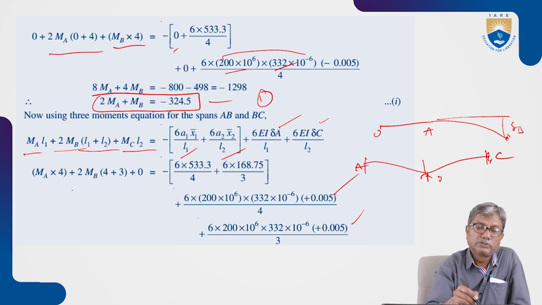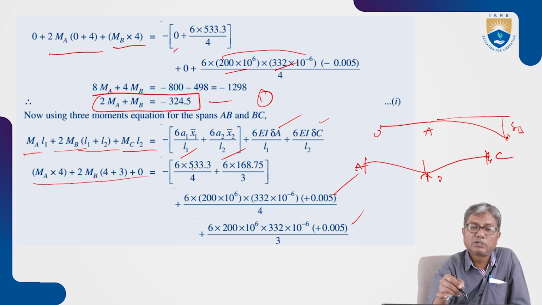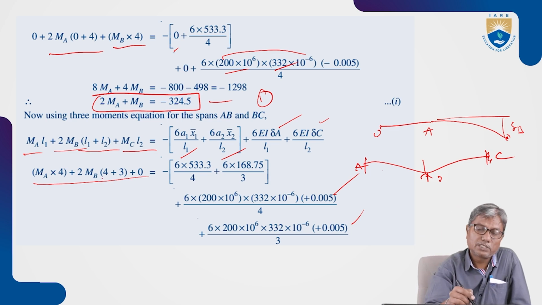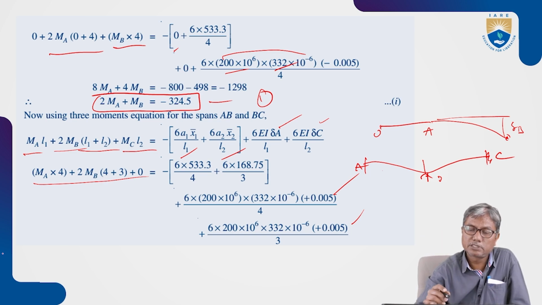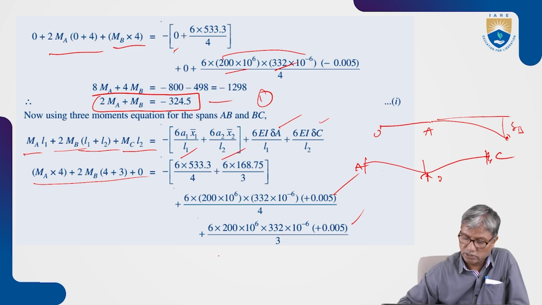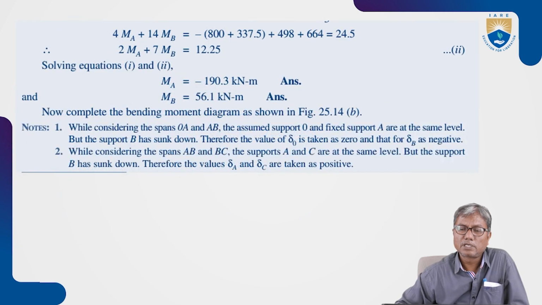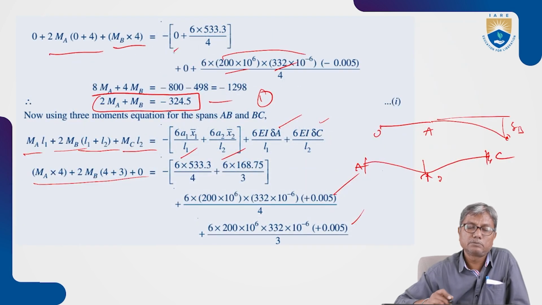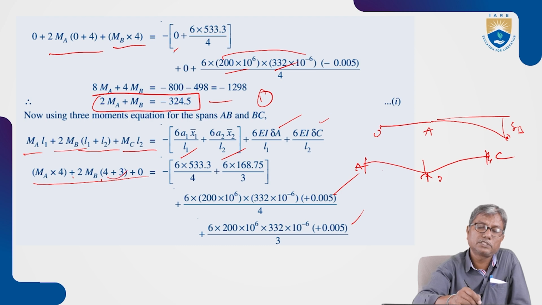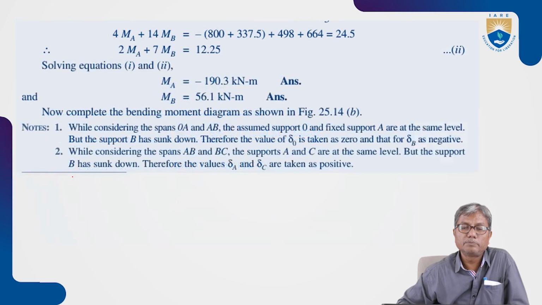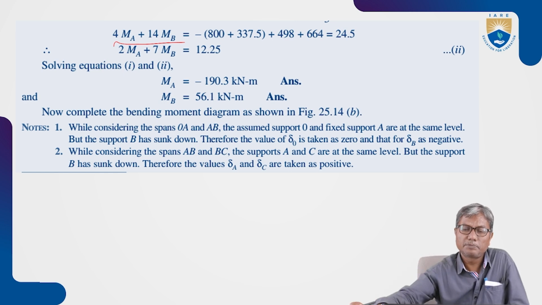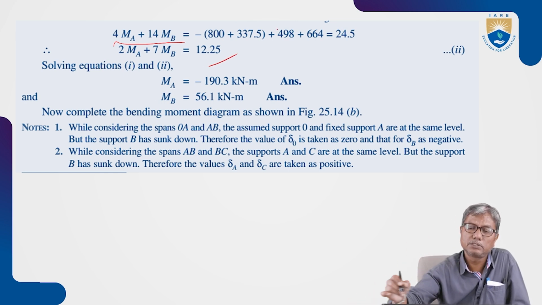Okay, so on the left hand side you will have 4 MA plus 24 MB. 4 MB plus 24 MB. And on the right hand side, if you calculate that, is it 14 MB? Yeah, 14 MB, not 20. 4 plus 3, 7 into 14 MB. 4 MA plus 14 MB or 2 MA plus 7 MB equal to 12.2.